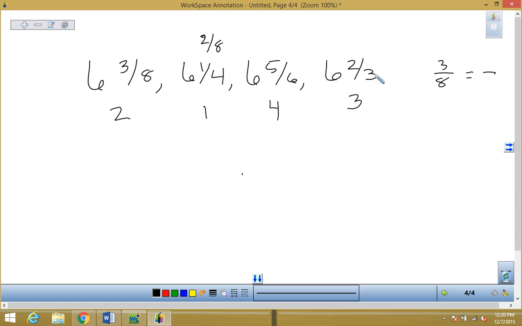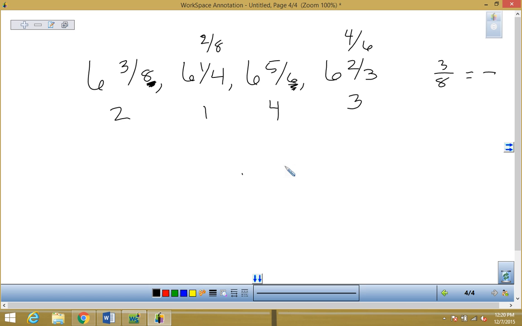It's 4/6, and so that is actually bigger than 3/8. So notice what Nick was doing: he compared this fraction to that fraction. Okay? You could do that.